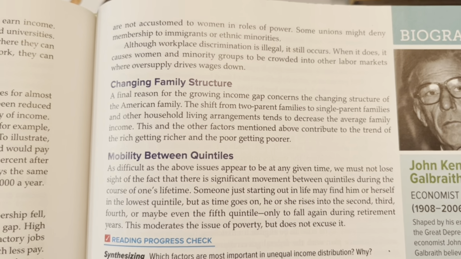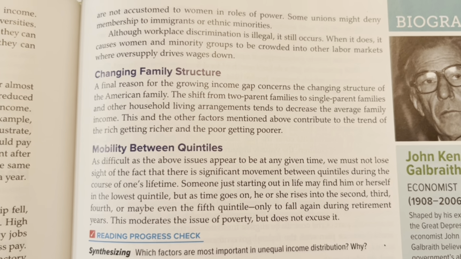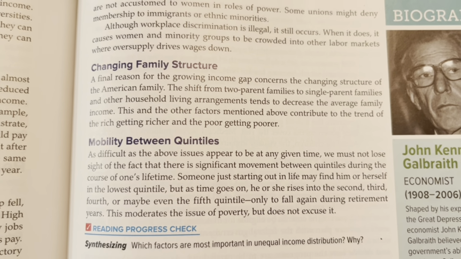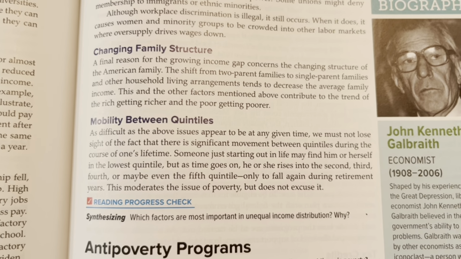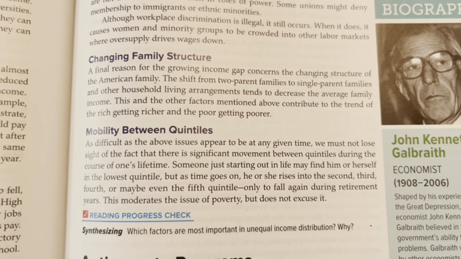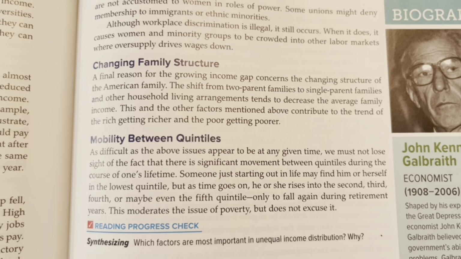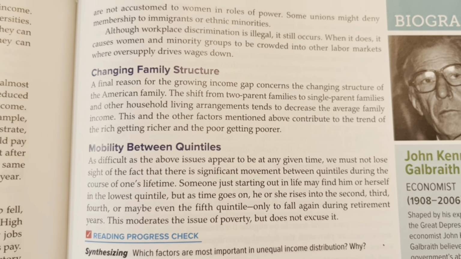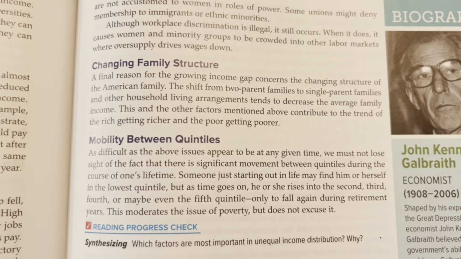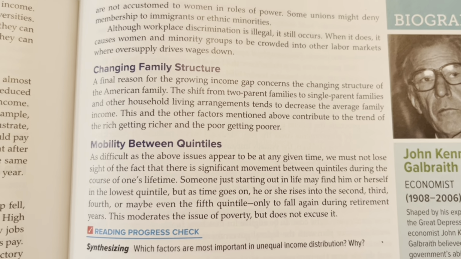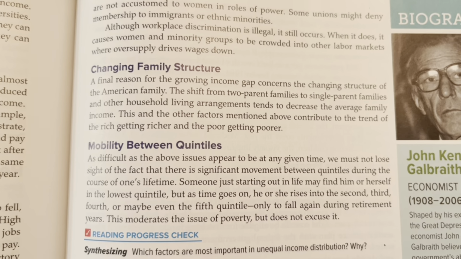But then as more and more women went to work, suddenly most families were having two incomes, and that dramatically changed wealth distribution. But then in more recent decades, we've had a rise in single parent families, and single parent families statistically have far less wealth than two parent families. So those are issues that affect the wealth distribution.